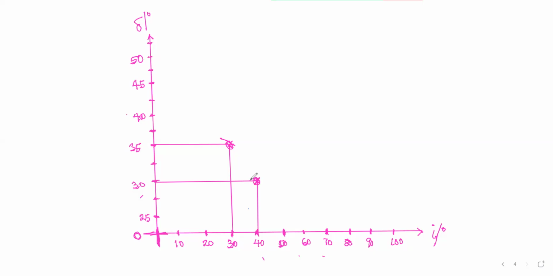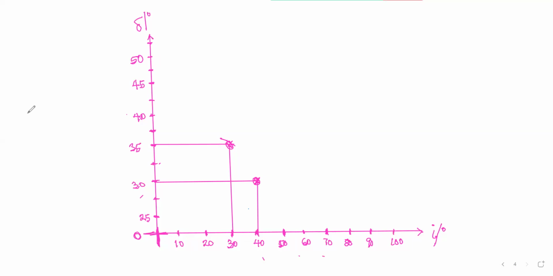When deviation is 32, if this is 4 centimeters, then half of it will be 32.5. So 32 will be somewhere here.